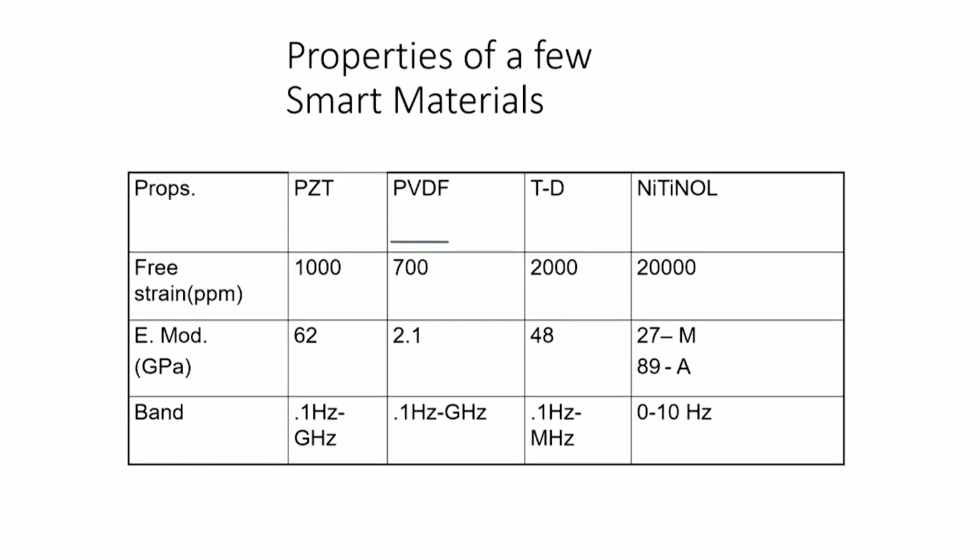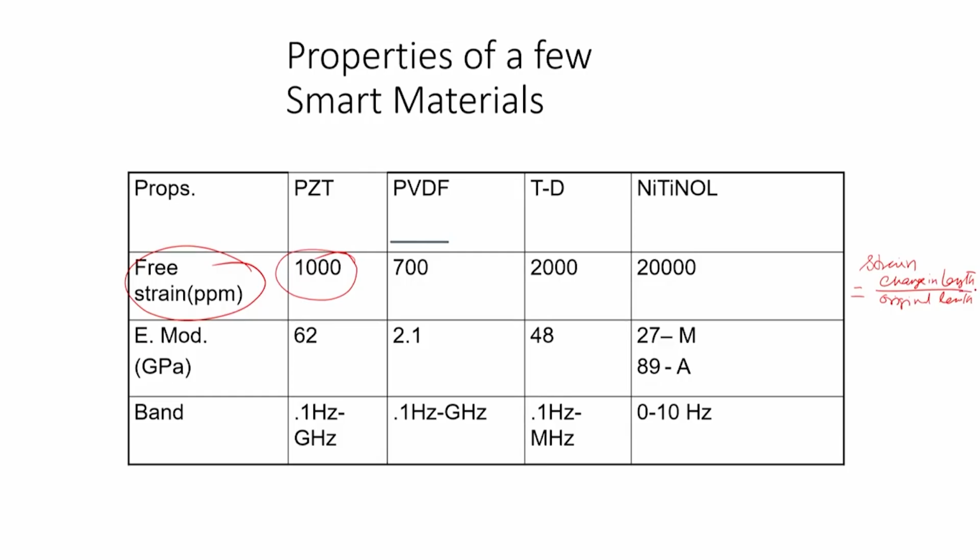The general properties of smart materials, these three are very important for us. One is the free strain, that means if there is no mechanical force, how much strain they can have. Like piezoelectric material can have a free strain of 1000. Strain is unitless because strain is actually change in length over the original length, so it is a dimensionless quantity.